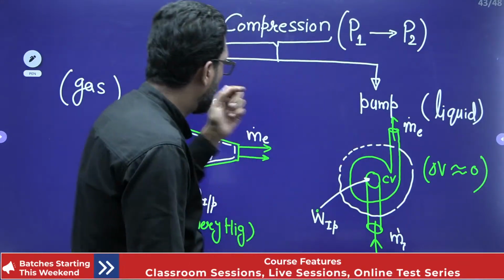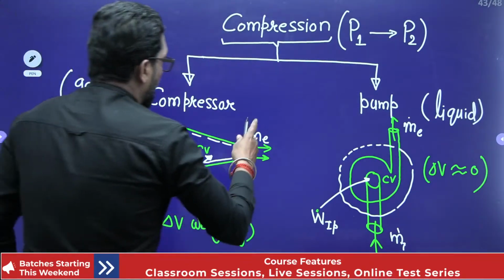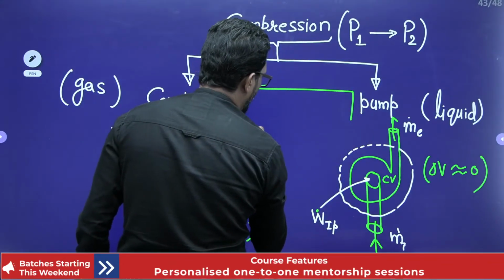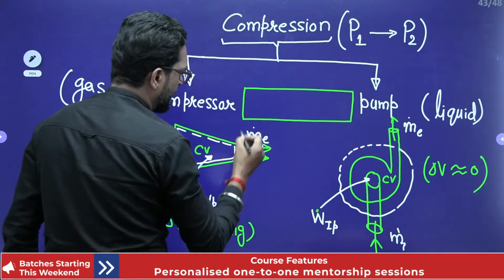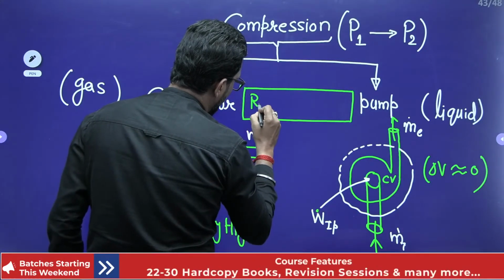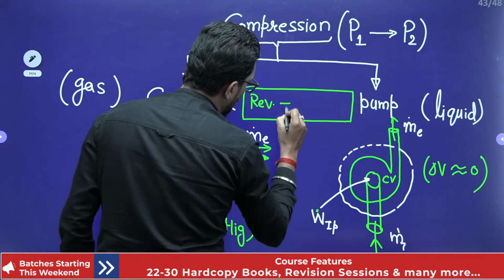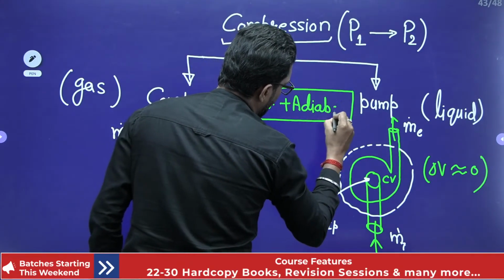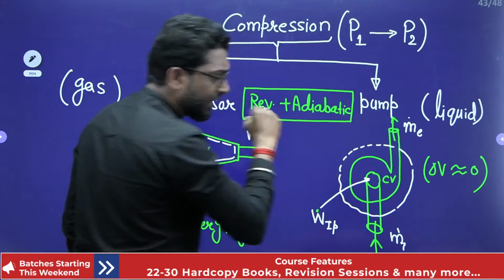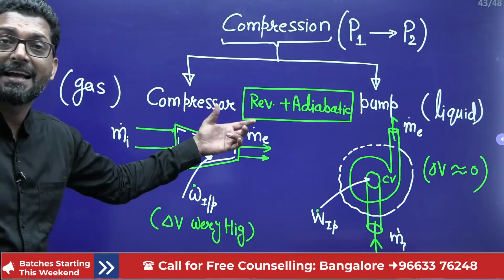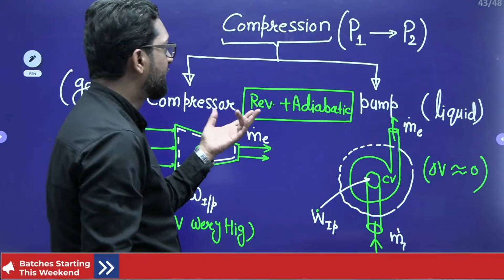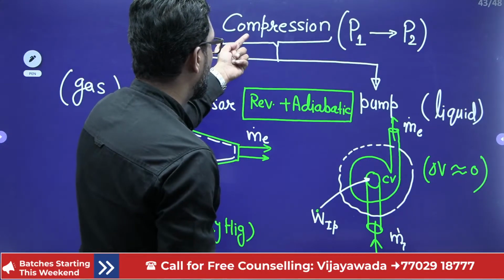Okay. Now, during that compression, either by the pump or a compressor, this is a reversible adiabatic process. Understood? We already discussed this. What is the process? Reversible adiabatic. That means the compression will be done.